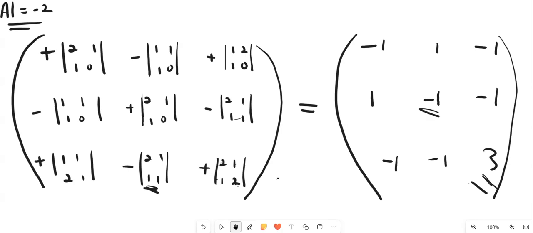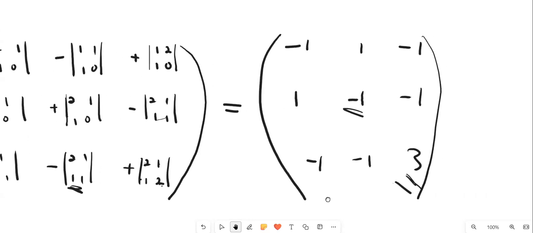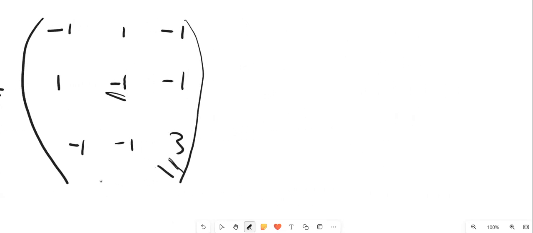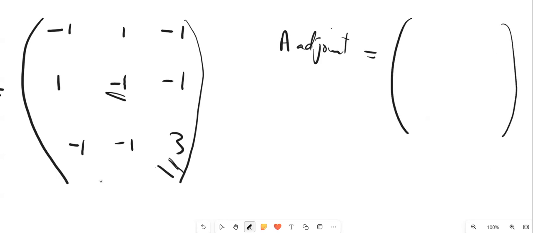Now that you have what we call the cofactor matrix, the adjoint matrix. So A adjoint is going to be the transpose of this, which is transposing that one.